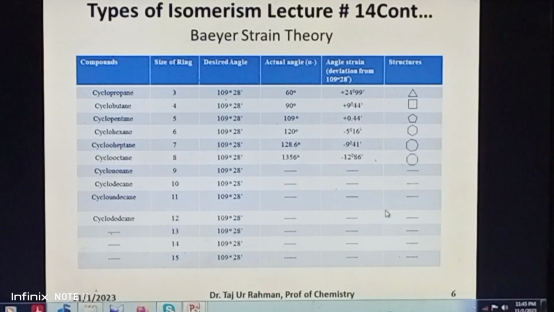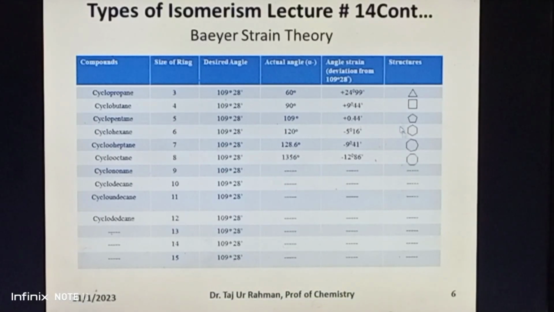Now look at these cycloalkanes and their stability order. According to Baeyer's strain theory, cyclopentane, due to less angle strain, is a more stable cycloalkane as compared to cyclopropane, cyclobutane, and cyclohexane.